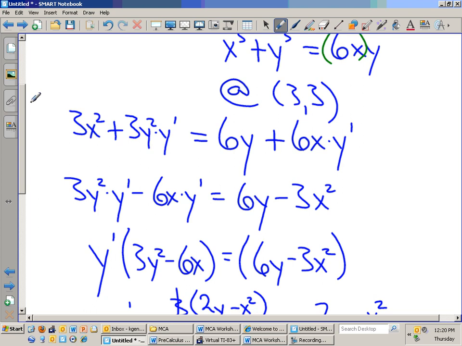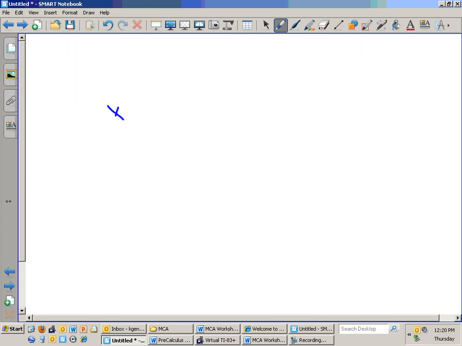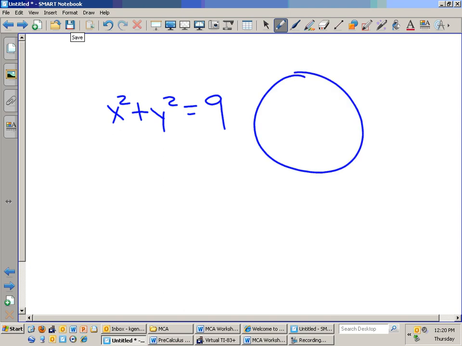A similar problem would be, let's say we were just to look at a circle. Maybe you want to try that one. You want to try one on your own? That's an easy one. Try it.